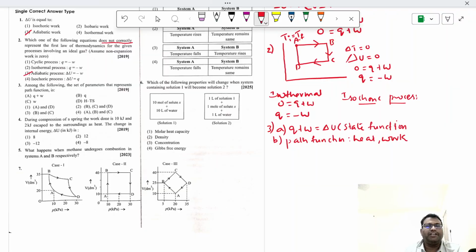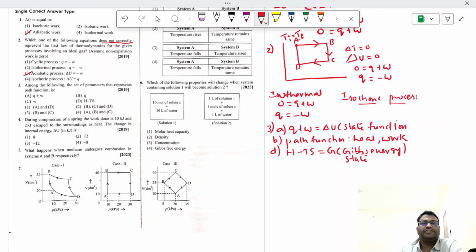Whereas coming to option D, H minus Ts is equal to G, which is called Gibbs energy. So Gibbs energy is a state function, not a path function.